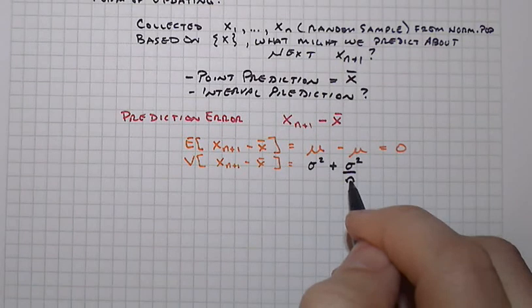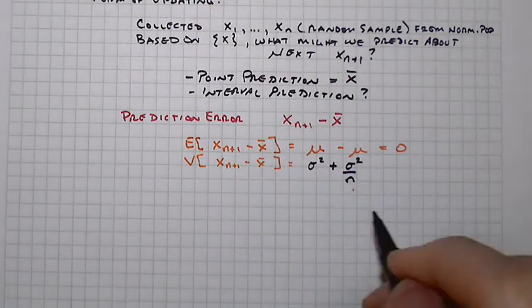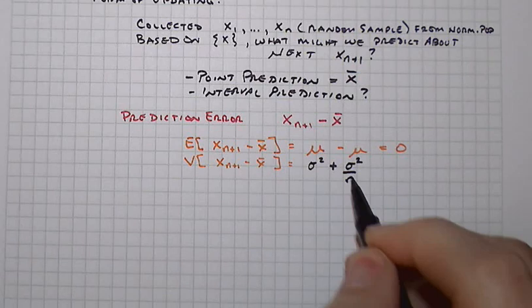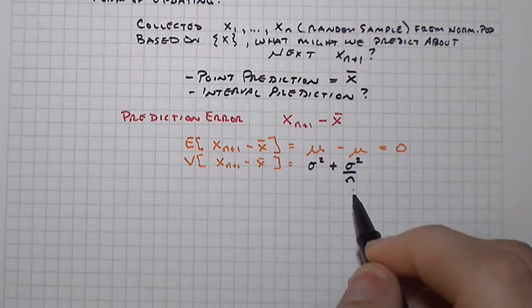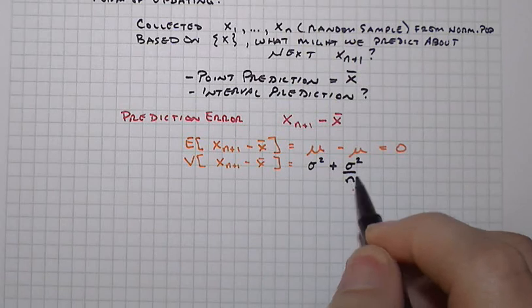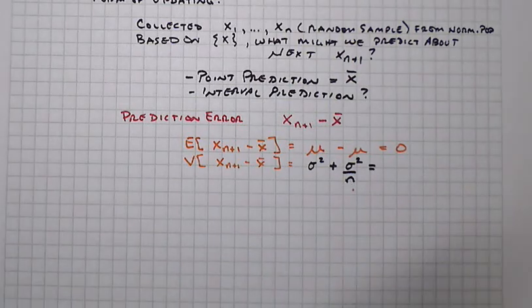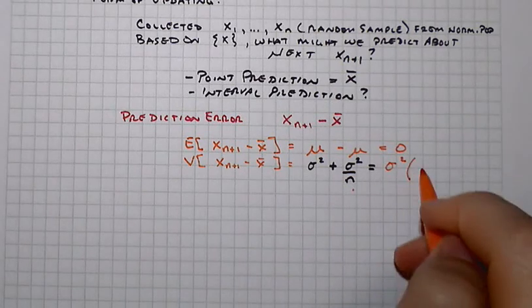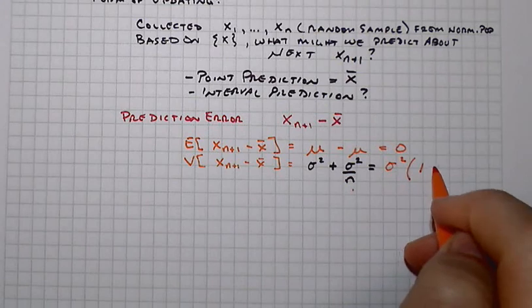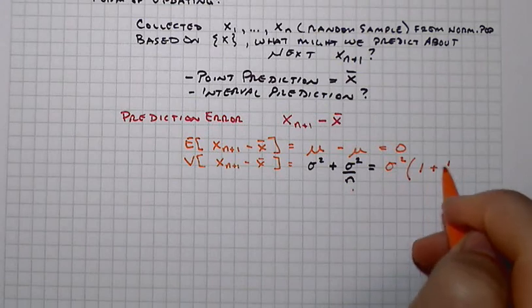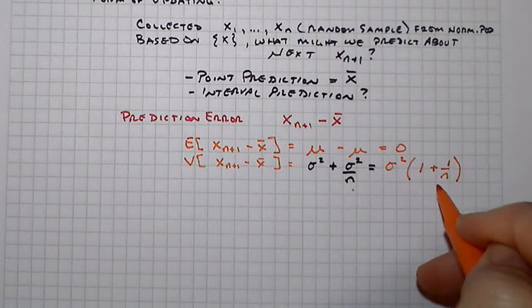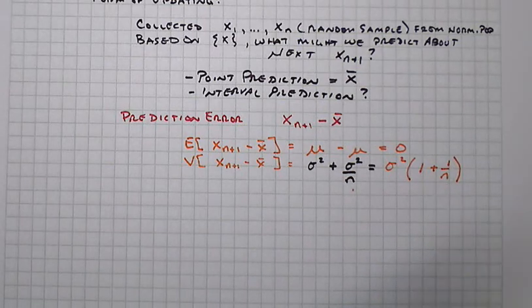The larger n is, the variance of x bar is going to go away, and if n is so large as to be infinite or equal to the population size, then our sample mean will equal the true mean. If we factor that out, we get the expression that the variance of our prediction error is our population variance times 1 plus 1 over n. Of course, as n gets large, this gets closer and closer to 1.